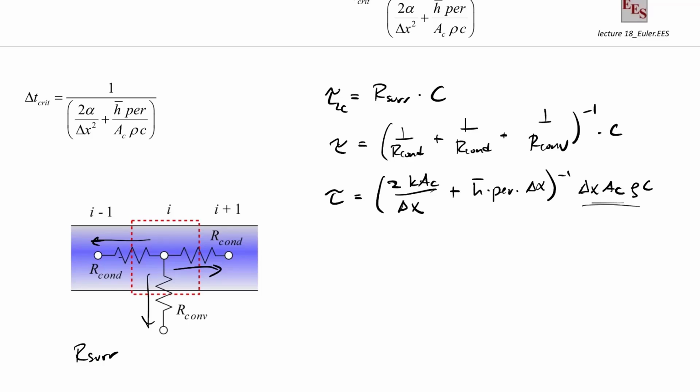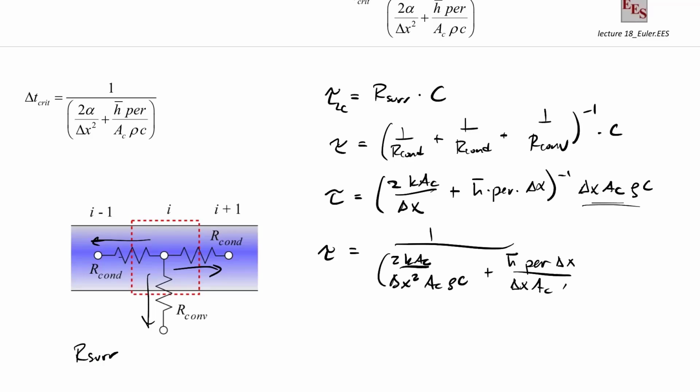So we basically multiply both the numerator and the denominator of the thing on the right-hand side by that thing, and it ends up being tau equal to 1 over 2 k A_c over delta x squared A_c rho C plus h bar perimeter delta x over delta x A_c rho C. Just algebra to get there.